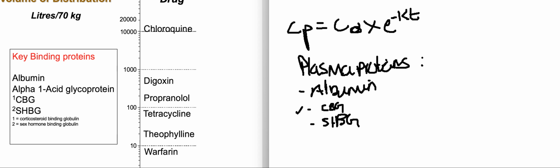But the main one that we're interested in is albumin. This is the most abundant type of plasma protein within the plasma.